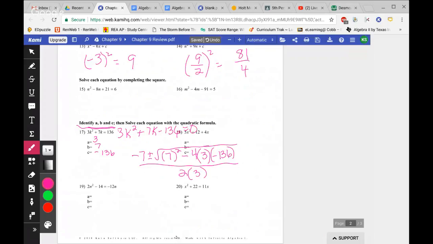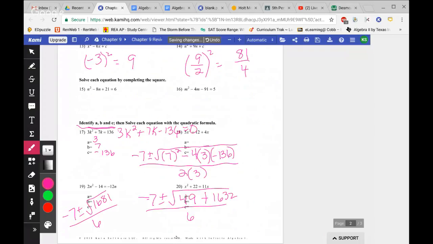So now we have -7 plus or minus the square root of 49 minus, or it could be plus, I don't know, let's see what it turns out to be, 4 times 3 times 136. And I got 2 negatives in there, so that's going to be a positive 1632 all over 6. So -7 plus or minus the square root of 1681 all over 6.